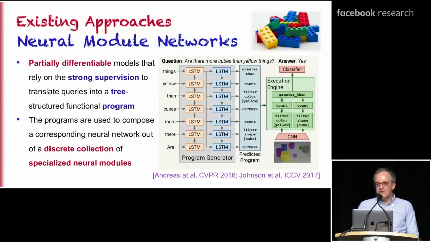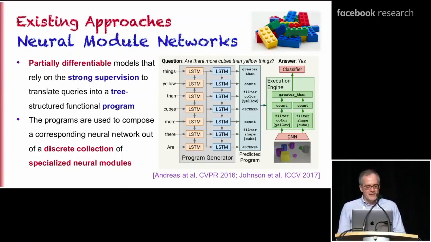There's been a number of previous pieces of work that have already looked at the CLEVR data set. They basically fall into two groups. So the first group is the neural module network approaches. So these were pioneered by Jacob Andreas and colleagues, and there's also been an approach pursued by Justin Johnson and colleagues. And essentially, these models treat it like a semantic parsing problem in NLP terms.